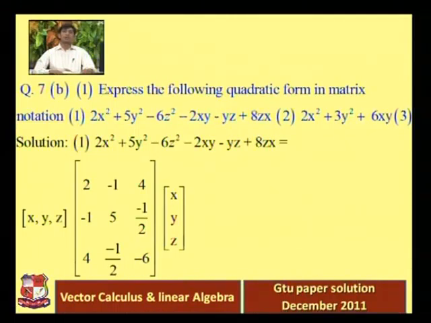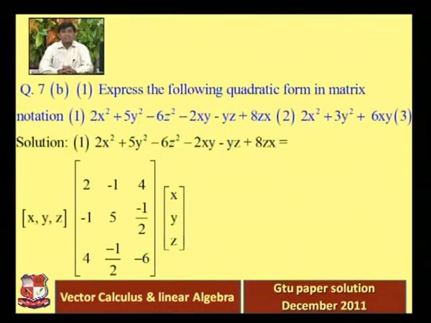The coefficients of x square, y square and z square become the main diagonal elements in the matrix: 2, 5, minus 6. Now the coefficient of xy is minus 2, so the entries a12 and a21 will be minus 2 divided by 2, that is minus 1. So minus 1 in both places, you can see on the screen.